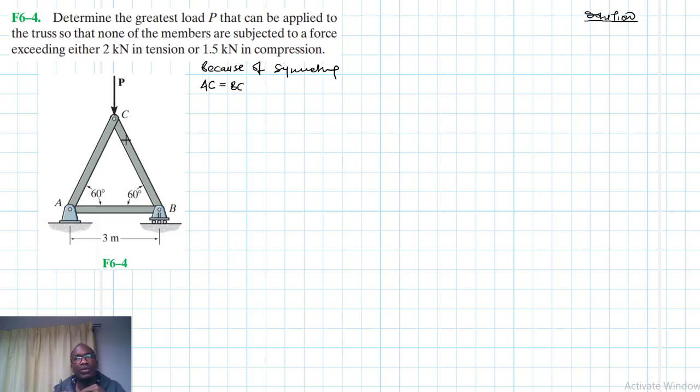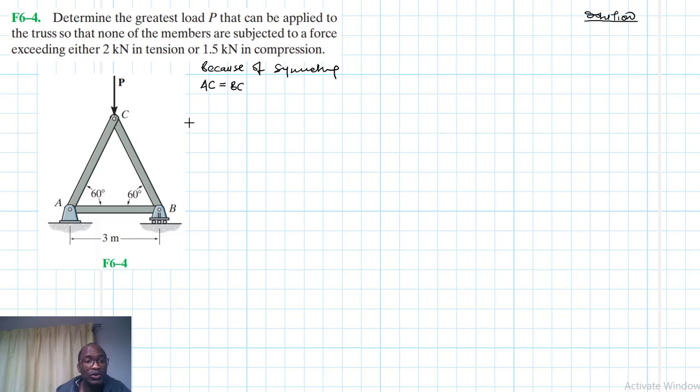And after we've done so, then we are going to determine the greatest load P. This P must ensure that we do not exceed the tension of 2 kilonewtons, or we do not exceed the compression of 1.5 kilonewtons. Again, there are a lot of ways to solve this particular problem. For us, we are going to start with working out the support reactions, and afterwards we'll find the internal member forces, all right?